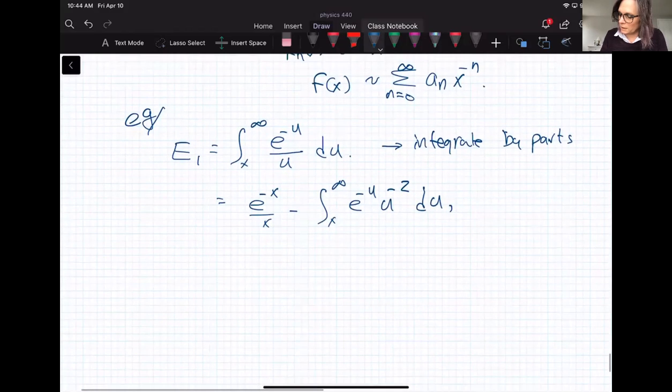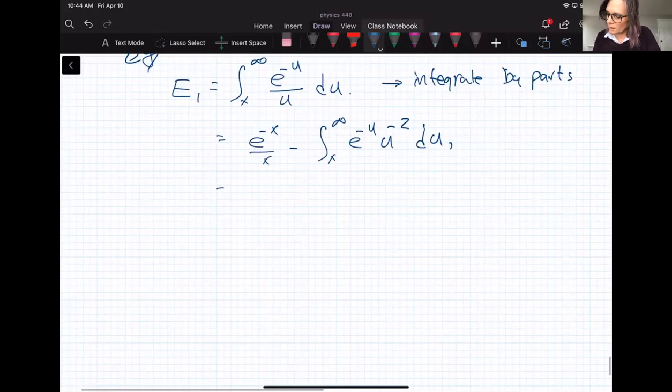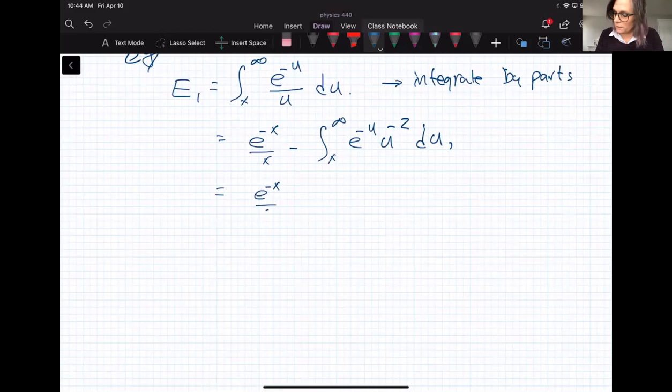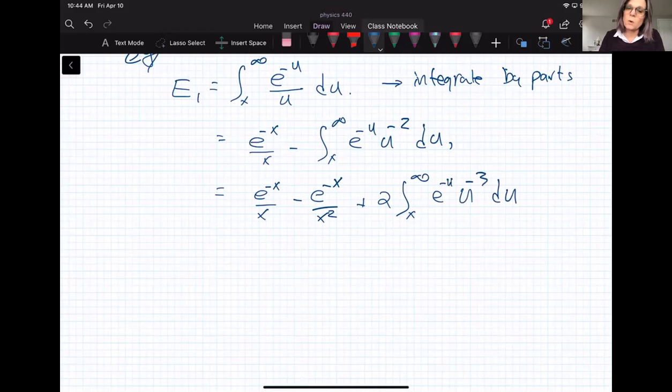If we do that again, that's e to the minus x over x minus e to the minus x over x squared plus 2 times the integral from x to infinity of e to the minus u, u to the minus 3 du. You can sort of see where we're going with this. We're trying to actually create an infinite series out of these integrals.